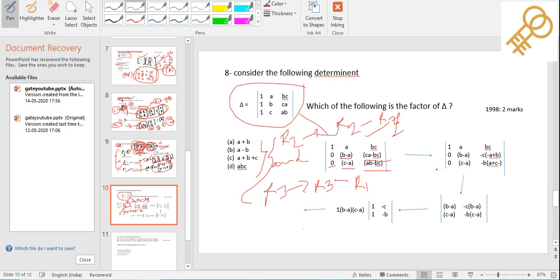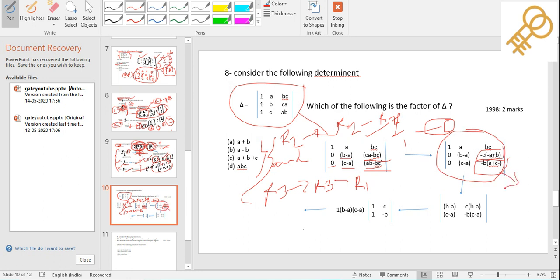Now you can see that we can take C common from this, and we can take B common from this. We are taking the common minus C. So if we take minus C common from this element and minus B from this element, you'll be getting this determinant.